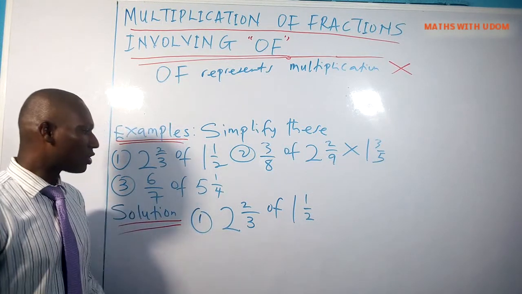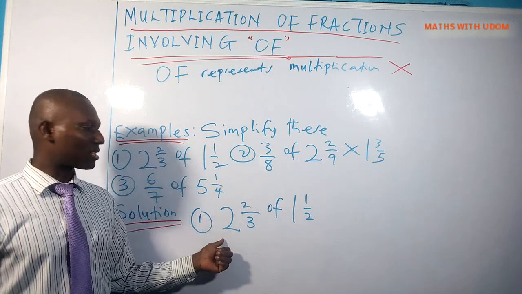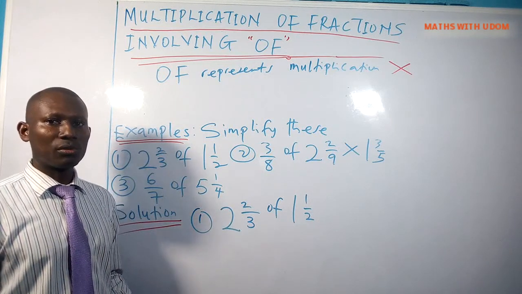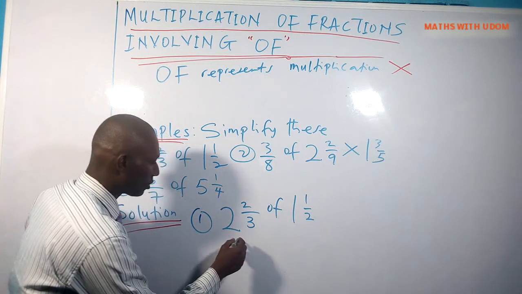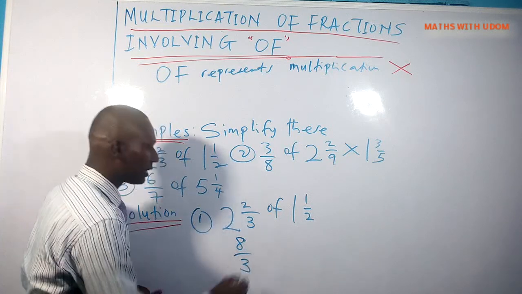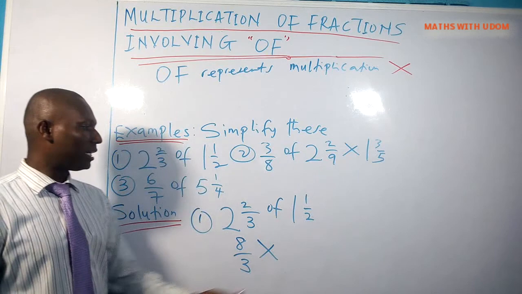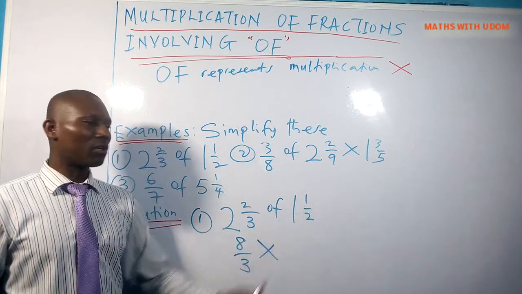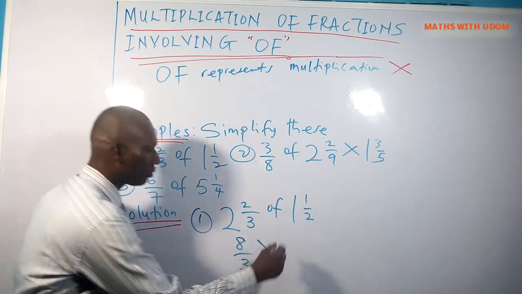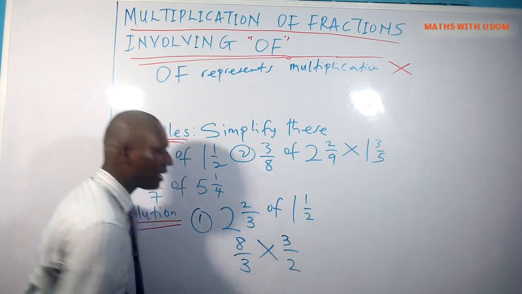Improper fraction. So 3 times 2 will give us 6, plus numerator 2 will give us 8/3. So we have 8 divided by 3. Of stands for what? Multiplication. Okay, so 2 times 1 is 2, plus 1. That's 3 divided by 2. So we have 3 divided by 2.